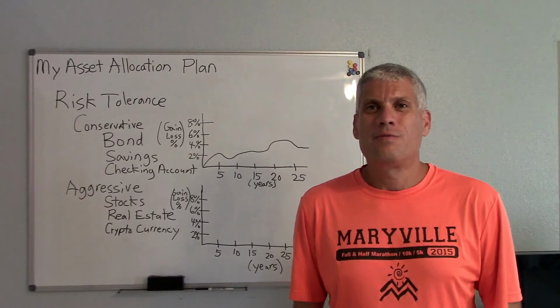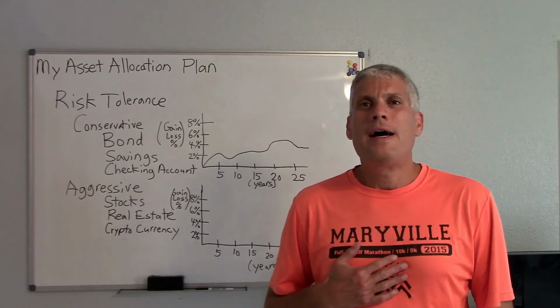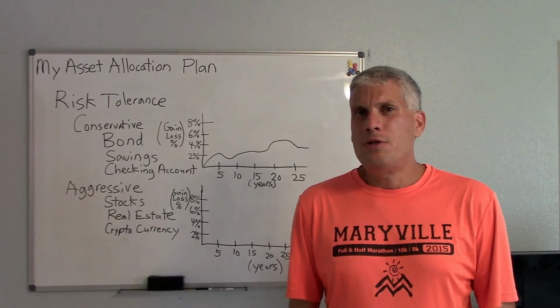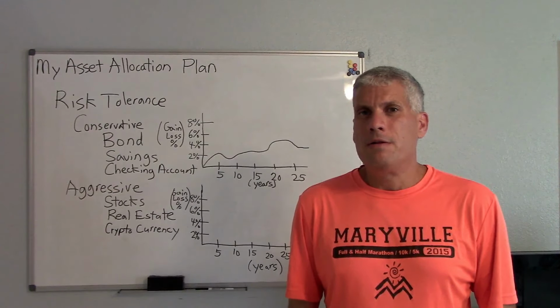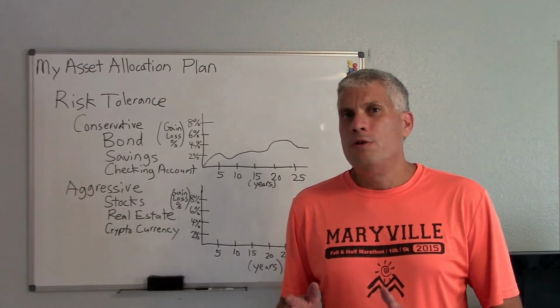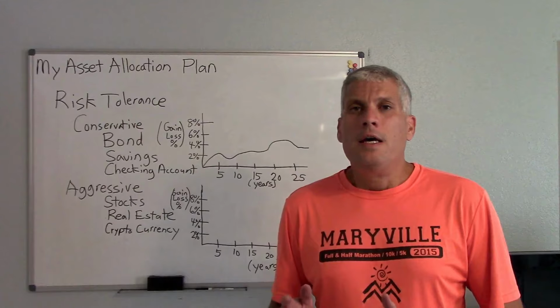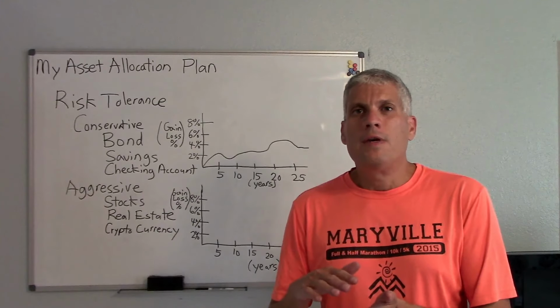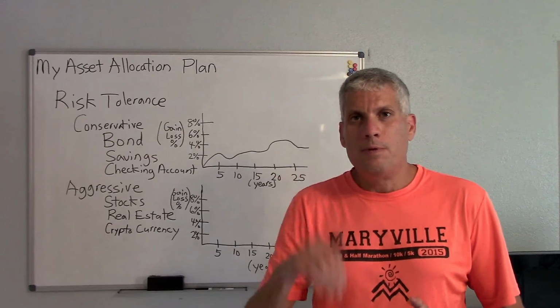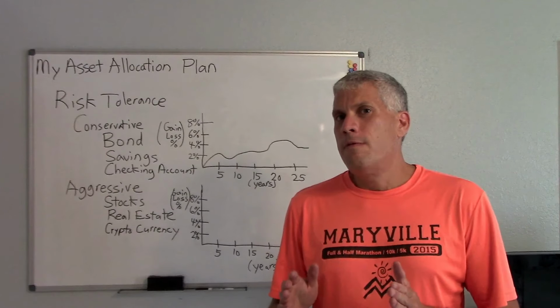So let's discuss risk tolerance. The way I look at risk tolerance is how much you want your portfolio balance to move up and down. Are you a conservative person? Do you want income coming in and a lower amount of gains, reducing the risk of your portfolio shooting up and shooting down? Is that the type of investor you are?